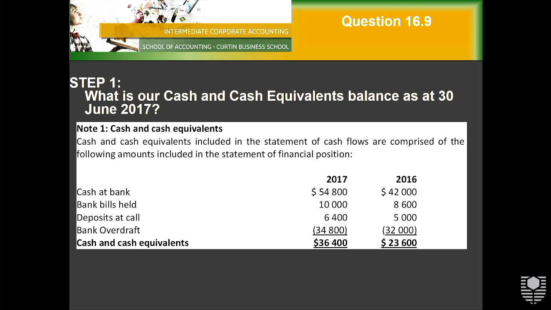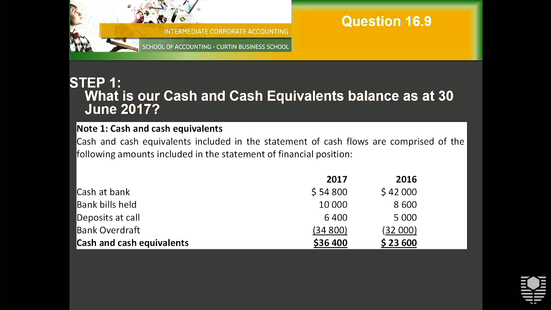If we have a look at your note for 2016 and 2017, we've got our cash and cash equivalents. Cash at bank 54,800, bank bills 10, deposits at call 6,400, and your bank overdraft, remember it's an overdraft, so it's a negative figure, all add up to 36,400. So this is what we are going to reconcile to in our cash flow.